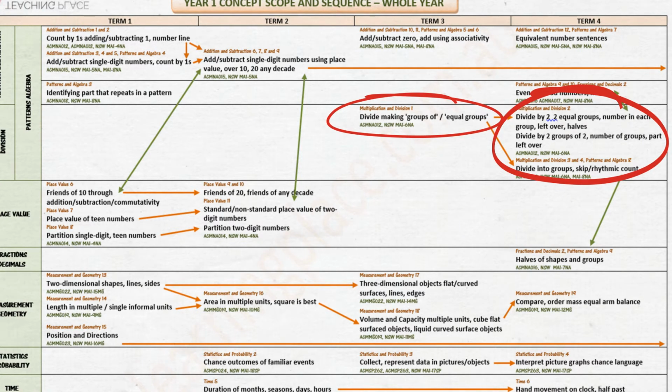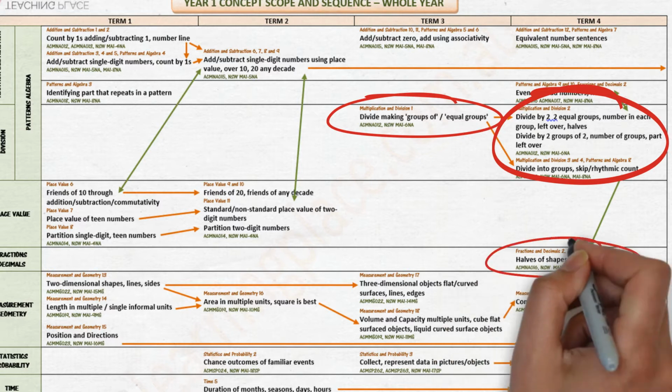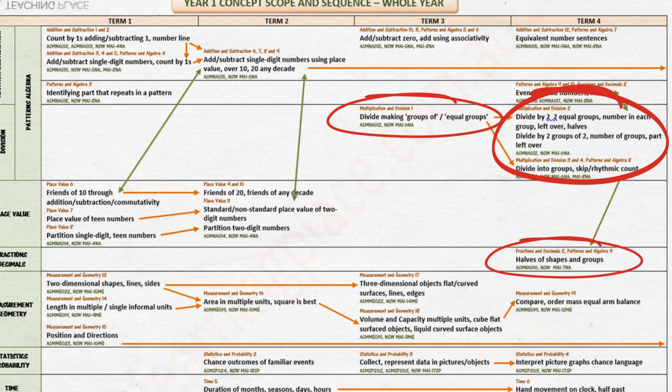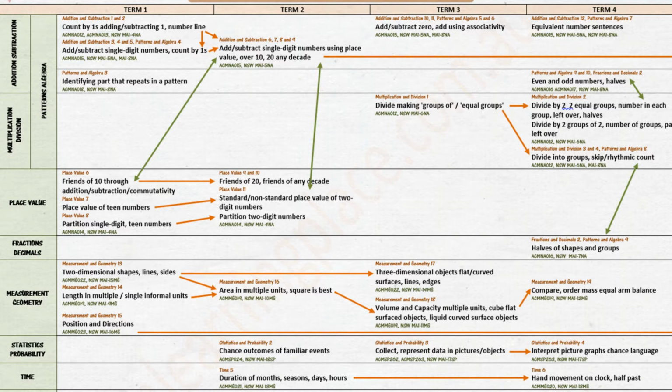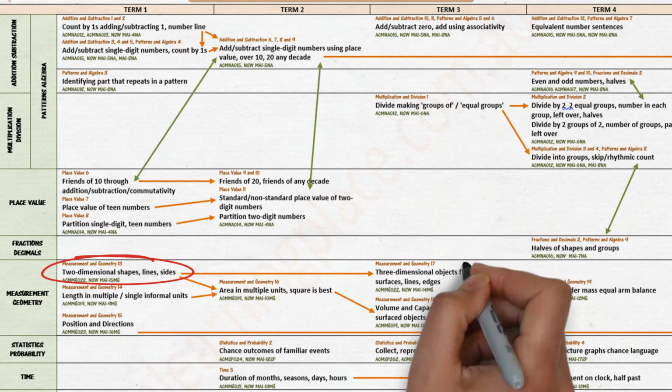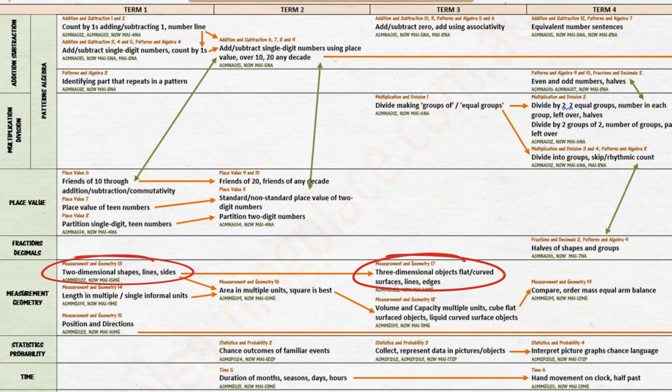The focus of fractions and decimals is halving shapes and groups, relating halving groups to dividing a group into two equal parts. The measurement and geometry focus is on lines and sides on two-dimensional shapes, and surfaces, lines and edges on three-dimensional objects.